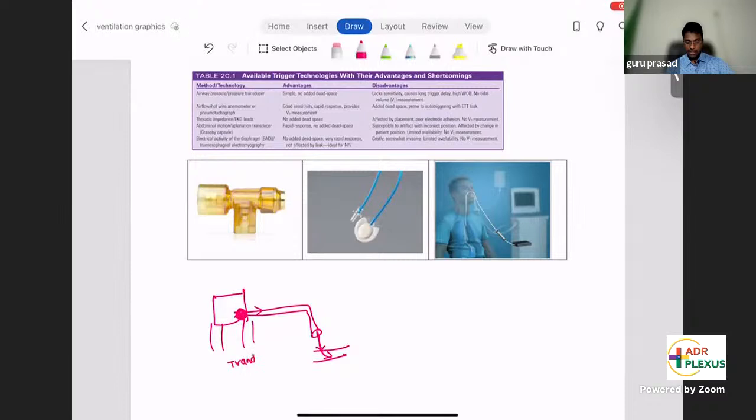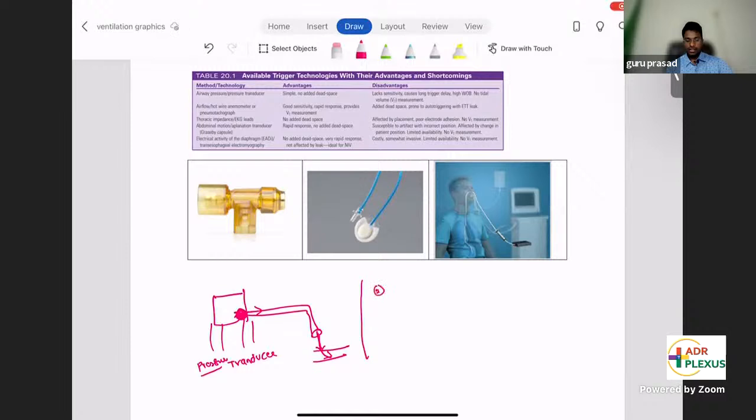That is known as a pressure transducer. This pressure transducer is present inside the ventilator, which is located very far away from the patient, and the sensitivity is very less. This is present in primitive ventilators. Okay, so this is one trigger technology.